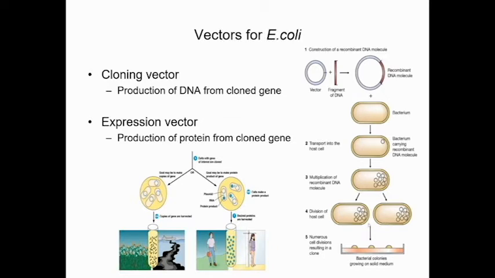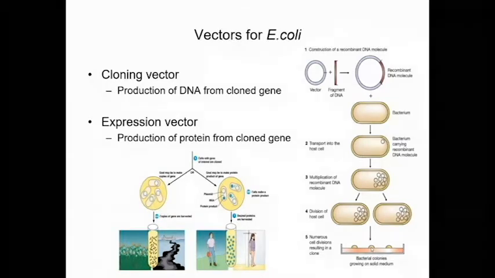The easiest way is to use an antibiotic in the culture. For example, if we add ampicillin in the growth culture, and the plasmid carries the ampicillin resistance gene, then that helps the recombinant cell survive and grow, and you will see the colony. That's how you identify the recombinant cell.